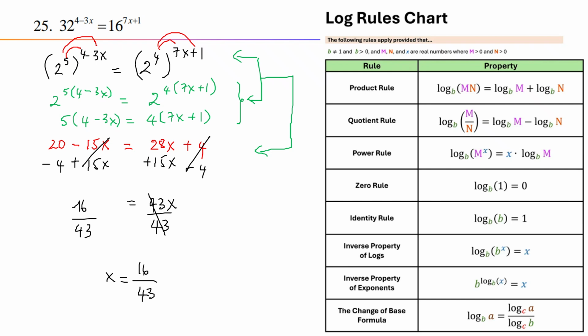Okay, now we can check divisible by 2, by 3, by 4, by 5, and we feel like it can't really be reduced anymore, so we just leave it like that as the answer.